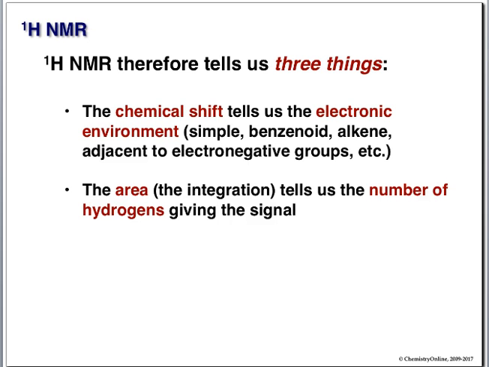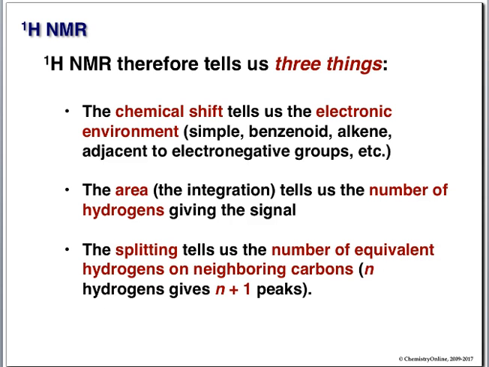The area, how intense the peak is, the integration under it, tells you how many of that type of proton there are. That's very useful. And the splitting tells us the number of magnetically equivalent hydrogens there are on neighboring carbons.